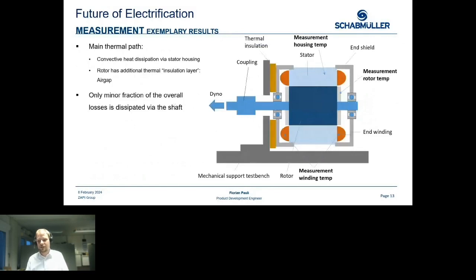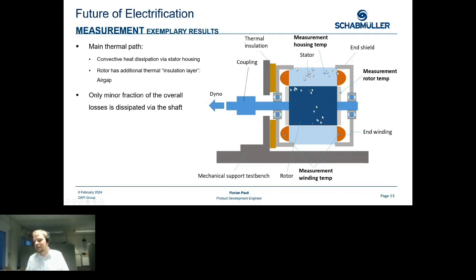Why is the rotor significantly warmer? Because it's placed inside the stator, as you can see in this section here. The stator dissipates its heat via the surface of the housing here, and the heat of the rotor is dissipated by a small fraction through the shaft, and also via the stator, and then by the housing.